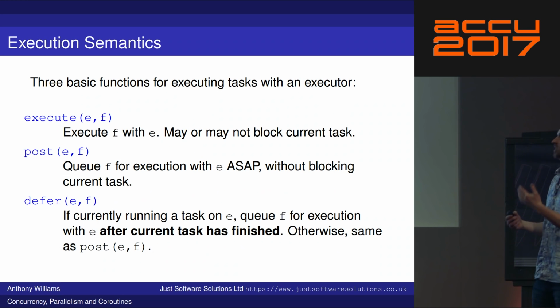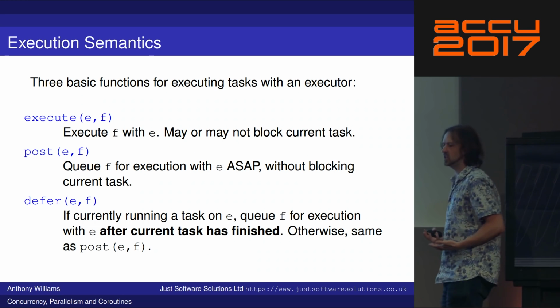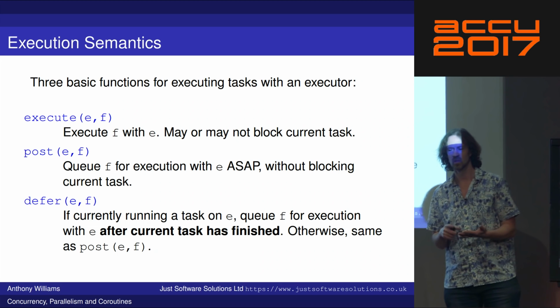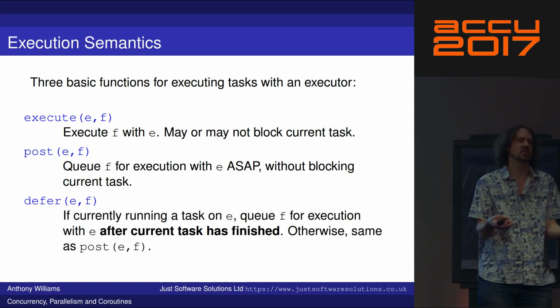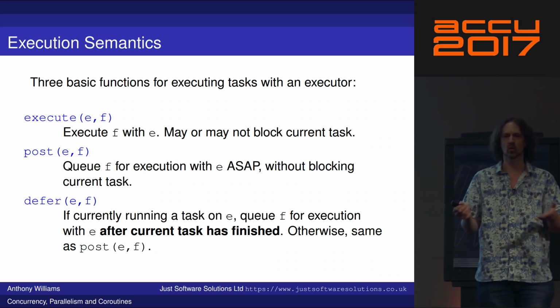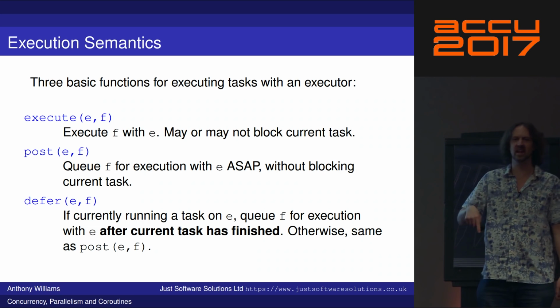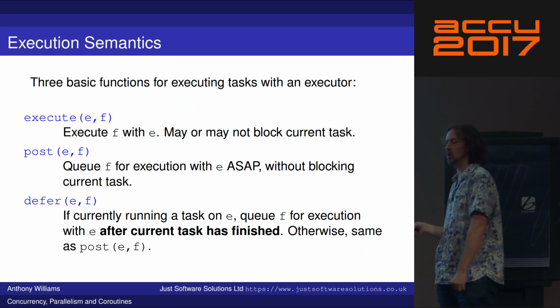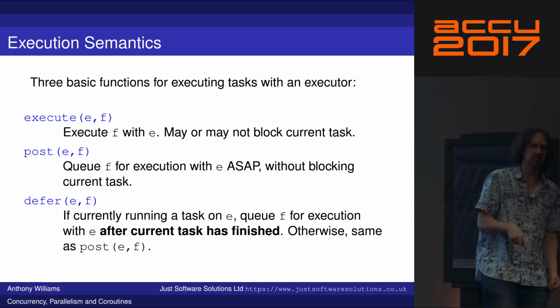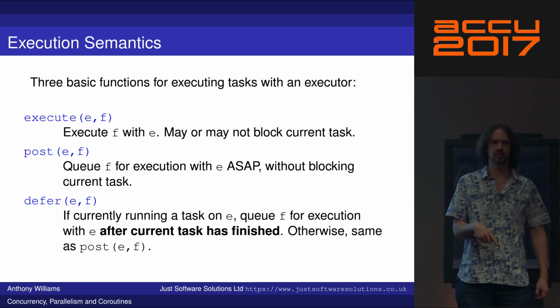So, for example, the three basic means of executing stuff. Obviously, you call execute, which may or may not block the current task because you just said execute somewhere, somehow. And where and how might be right here, right now, before I return. Or it might not. Or it might be run it right now, but not right here, and you're going to wait for it.